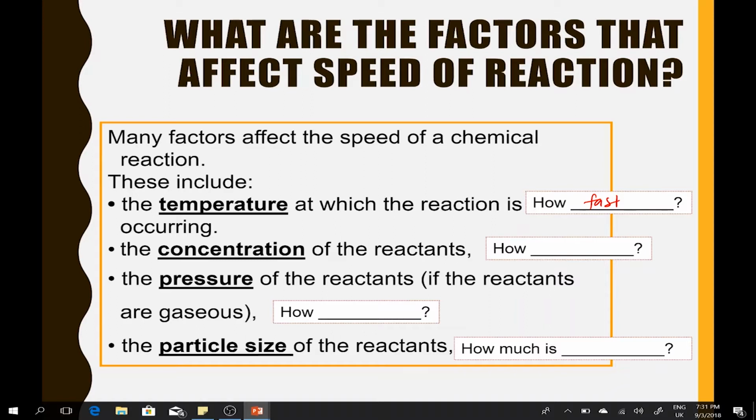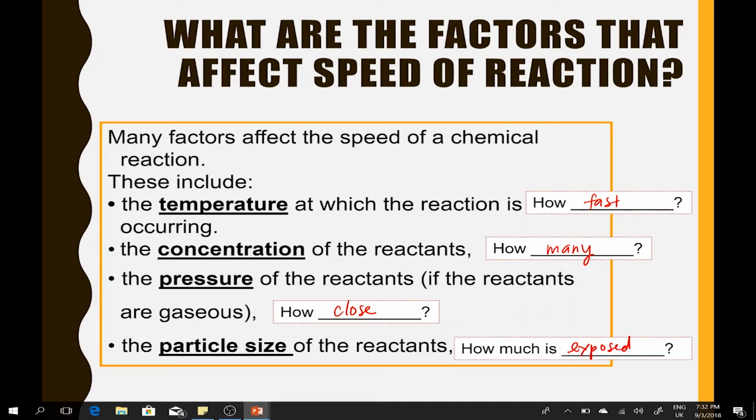Number 2, for concentration, we want to know how many particles there were per unit volume. Number 3, for pressure, we're looking at how close the particles were to each other. Then lastly, we're looking at particle size. So we're looking at how much is exposed.